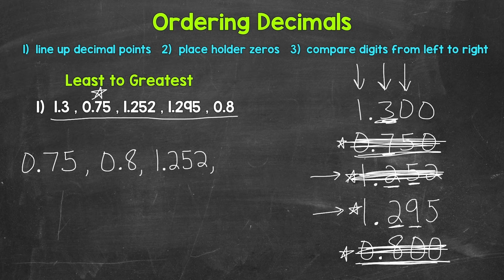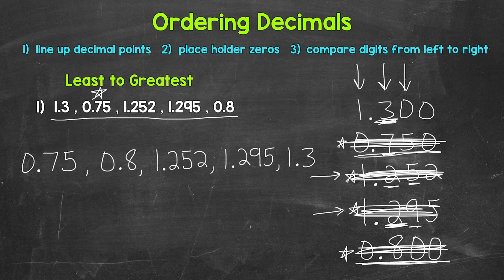We have a 3 in the tenths and a 2 in the tenths. 2 is less than 3, so 1 and 295 thousandths comes next. So we can cross this off, and we are down to our last one, 1 and 3 tenths. So that comes last. And let's cross that off to show that we are done with everything here. We have all of our decimals in order from least to greatest.